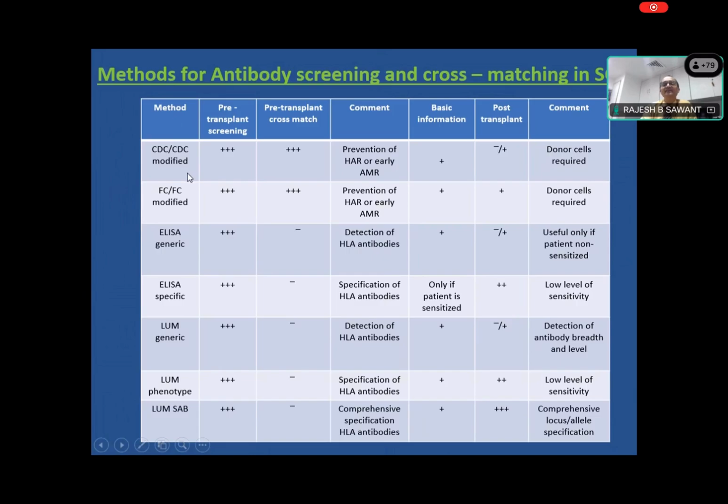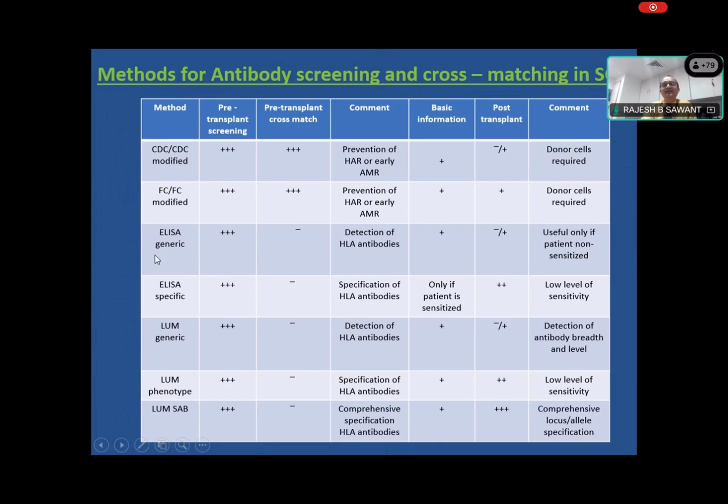So with this, again, the methods for antibody screening and cross-matching in solid organ transplant, basically. So here, as I said, CDC is the primary method, followed by the modified flow cytometry technique.